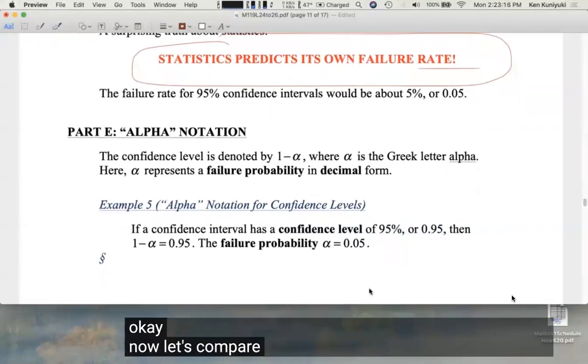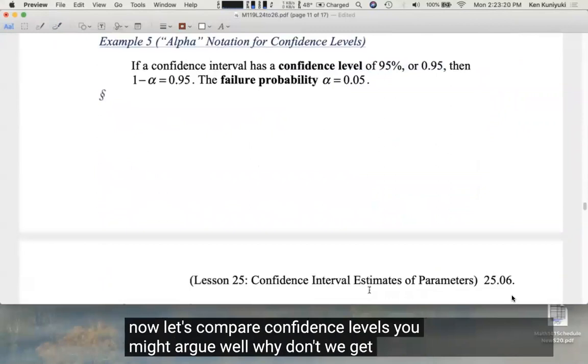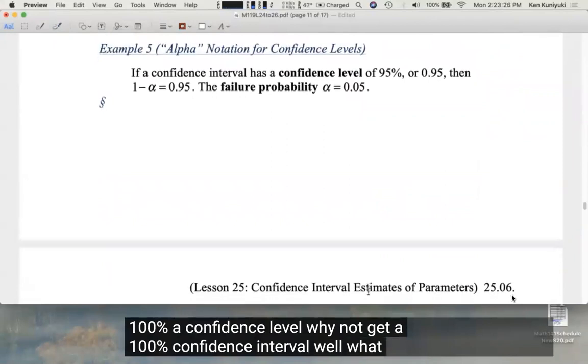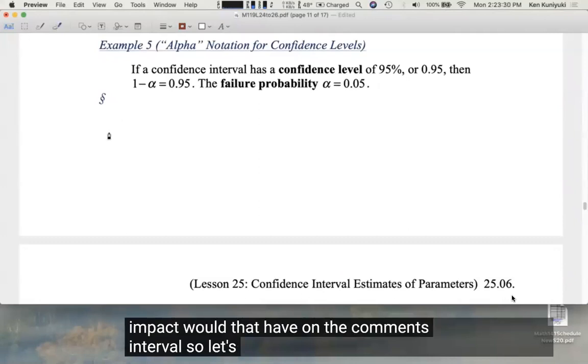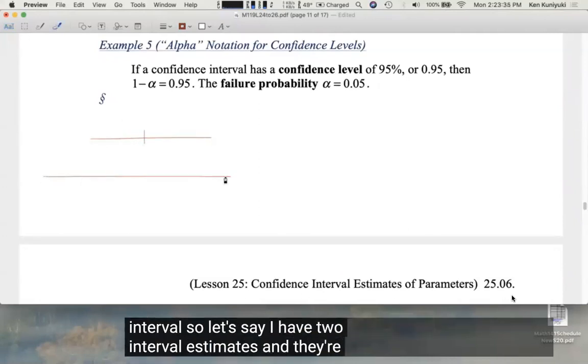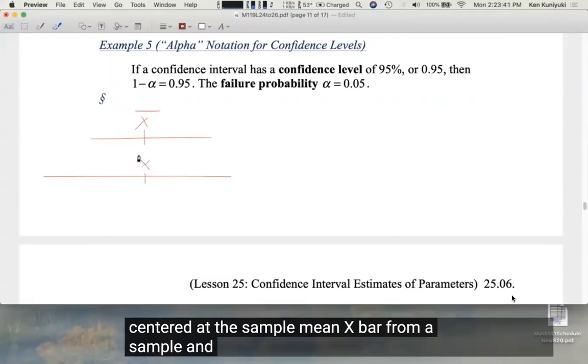Okay, now let's compare confidence levels. You might argue, well, why don't we get a 100% confidence level? Why not get a 100% confidence interval? Well, what impact would that have on the confidence interval? So let's say I have two interval estimates, and they're both centered at the sample mean, x bar, from a sample.